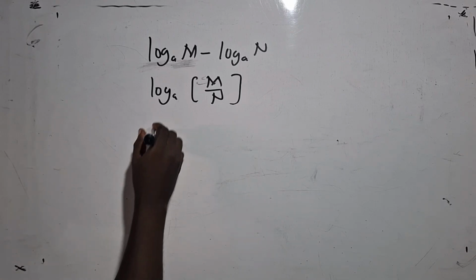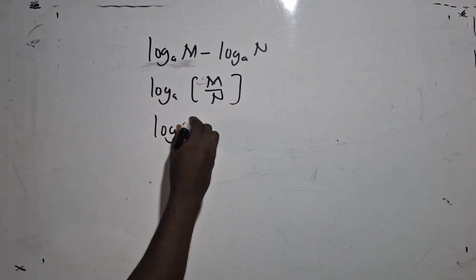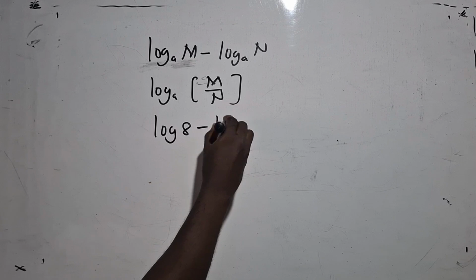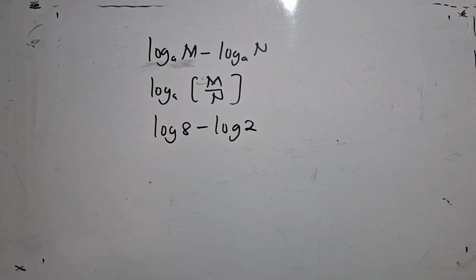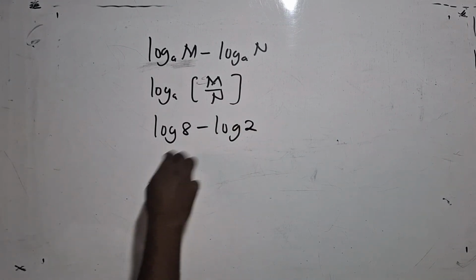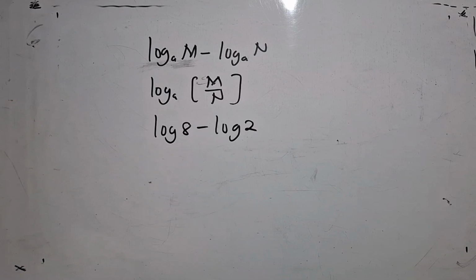In the same way, if we have log 8 minus log 2, and we are asked to simplify, it doesn't have any base, but they have a common base. What's the common base? 10. In my previous video, I explained that a log without a base is having base 10.